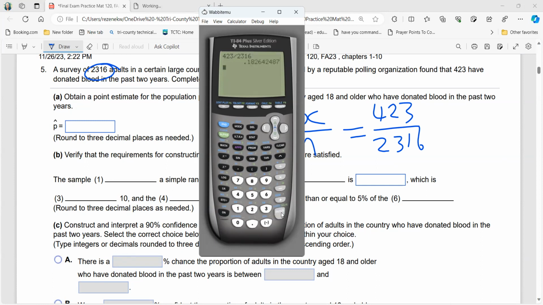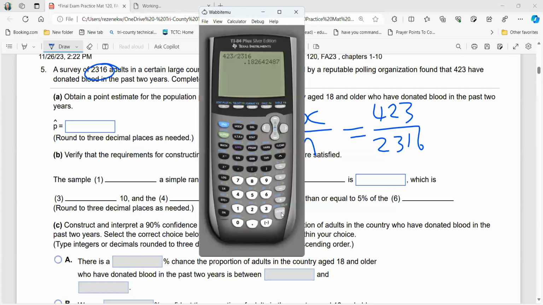I'm told to leave my answer to 4 decimal places. Well, actually 3 decimal places. So my answer is 0.183. The point estimate is 0.183.